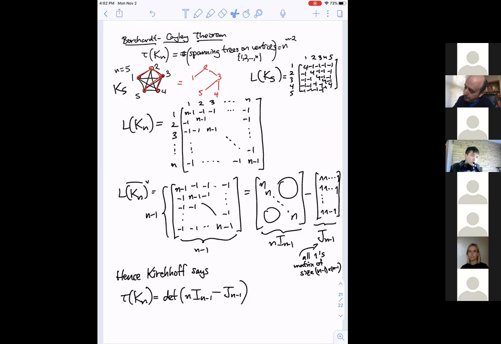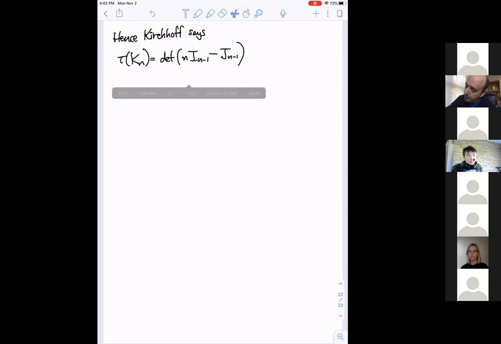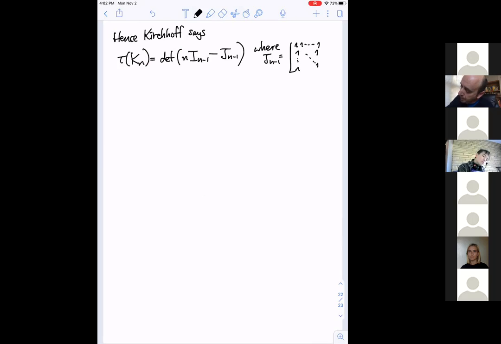Let me carry this over, and just remind you what this J_{n-1} is on this page. It's all ones, and it's of size n minus 1 by n minus 1.